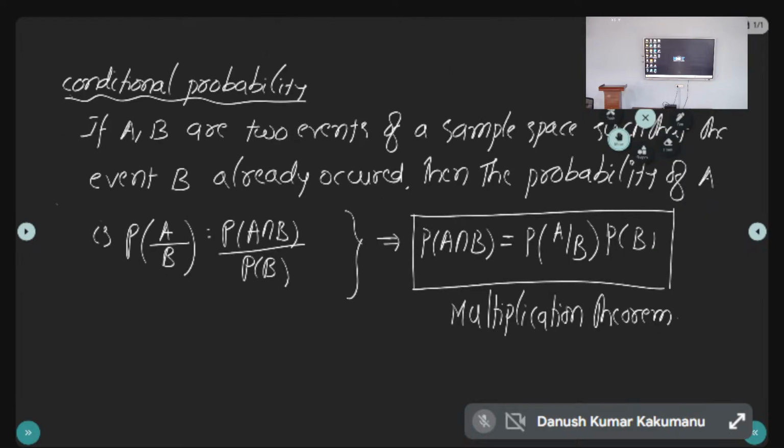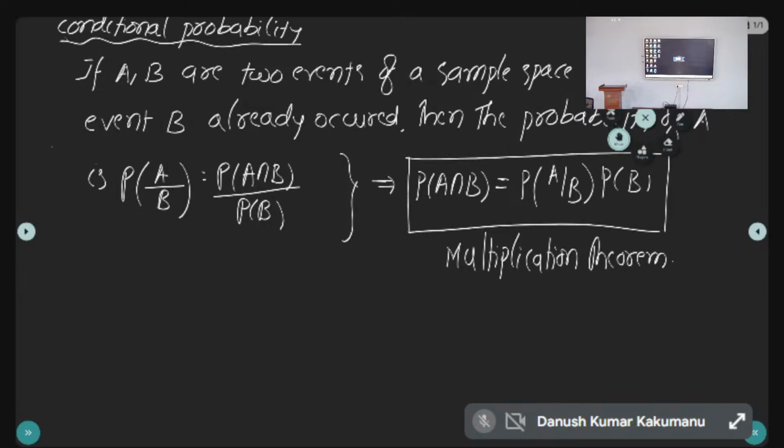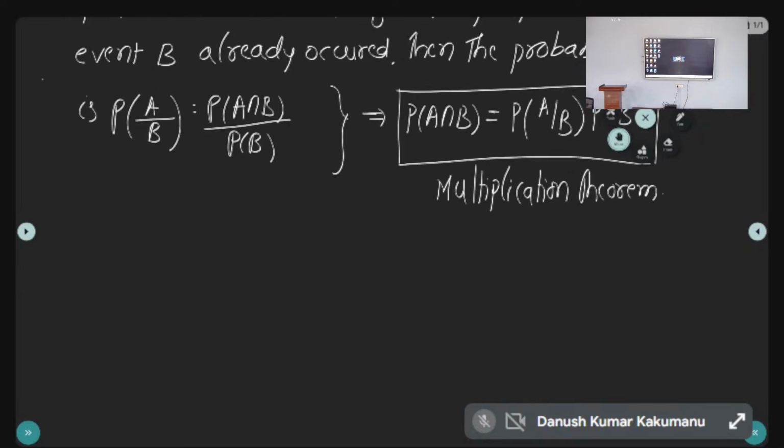Now, one problem I will give. Again, this is a previous GATE question. Try to solve it logically again. Just for the namesake, for protocol purposes, the conditional probability definition is given to you, but there is no need. Once again, I am telling you, one problem I will give, try.